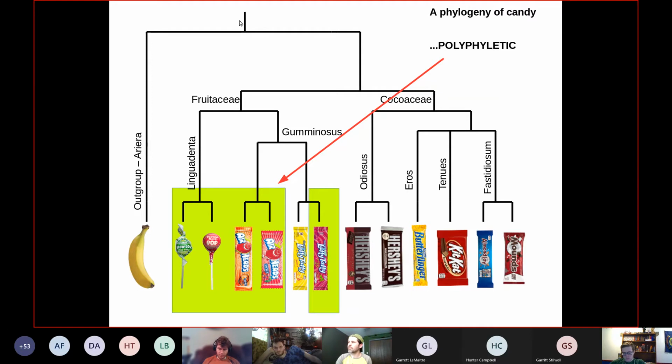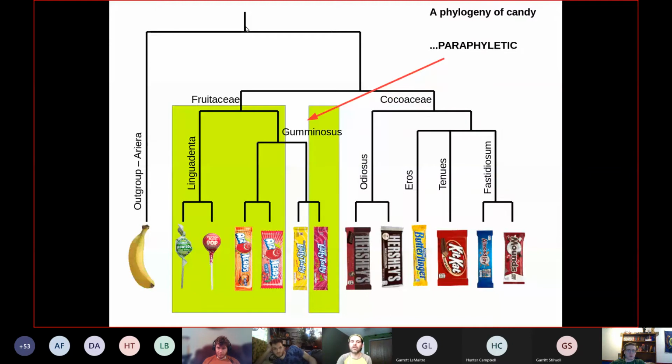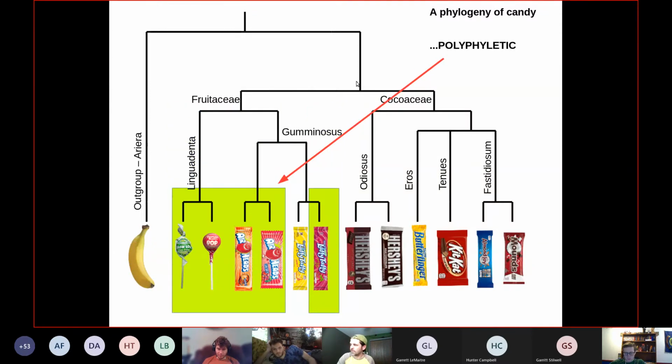And so if you went to this group at the very top, this branch point for all the candy and the banana, and you said, this is candy, what kind of mistake would that be? It'd be paraphyletic. We're leaving out the bananas accidentally. This branch point down here would be the monophyletic branch point for candy, as long as we included all these candies.